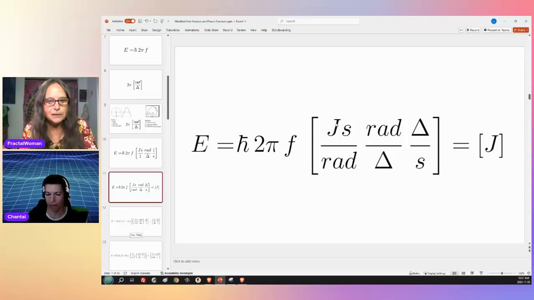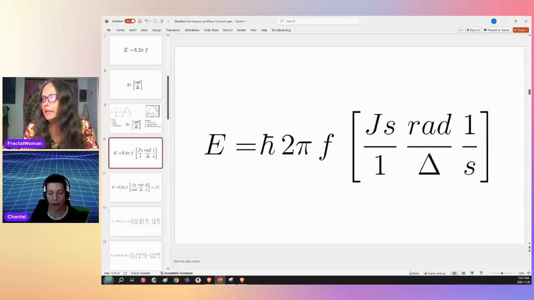So to balance the equation, the only way I can do this is to put the radian here where the 1 was. Before there was a 1 here, I'm going to put the radian here. I'm going to put the cycle here. So the units of frequency are cycles per second. That's what that 1 meant. Before we didn't really have a good idea of what 1 meant.